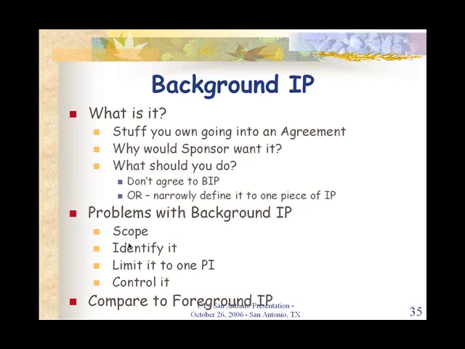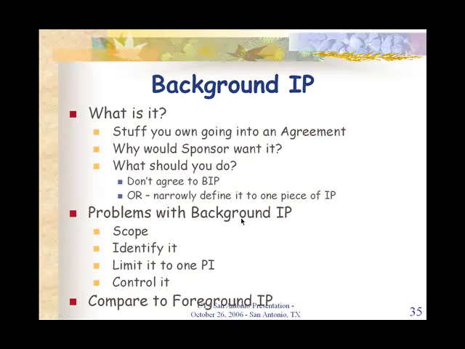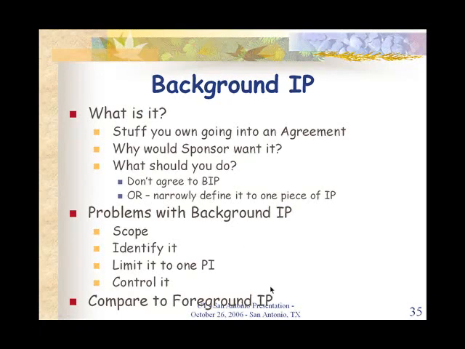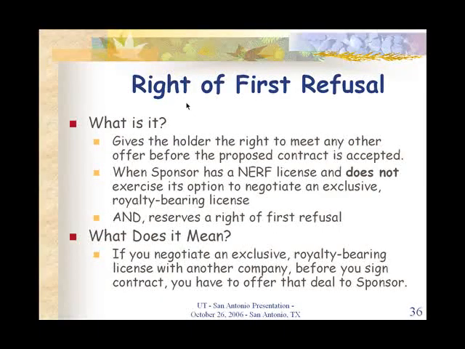So what is the scope of it, to be able to identify it, to limit it to one principal investigator, try to control it, and then compare it to the foreground intellectual property. So this interchange of recognizing intellectual property, its distinctions, its interplay, interdependencies, ownerships. Can one be clearly patented separate from another? These types of things are important in this arena.